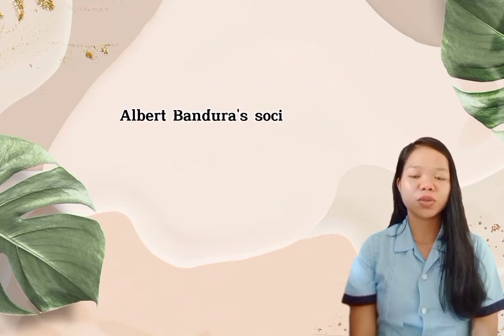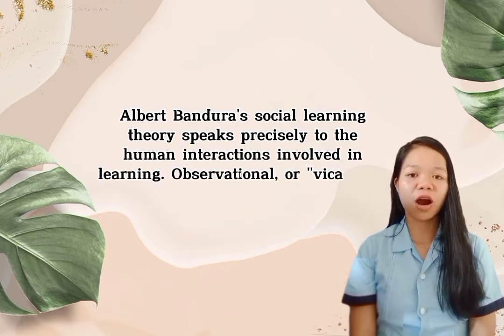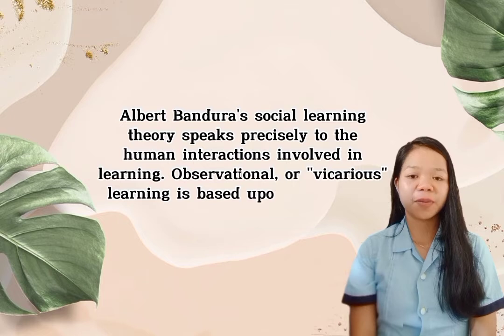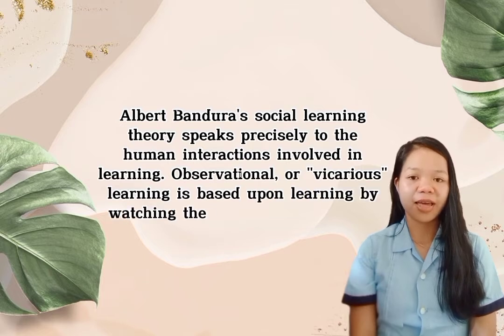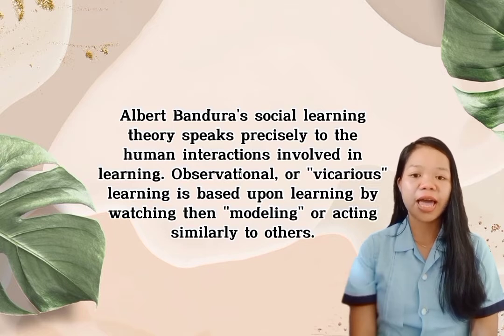Albert Bandura's social learning theory speaks precisely to the human interactions involved in learning. Observational or vicarious learning is based upon learning by watching, then modeling, or acting similarly to others. If the student views and works with people who appreciate learning by engaging in learning activities, then the student too will engage in learning and might work harder at learning.